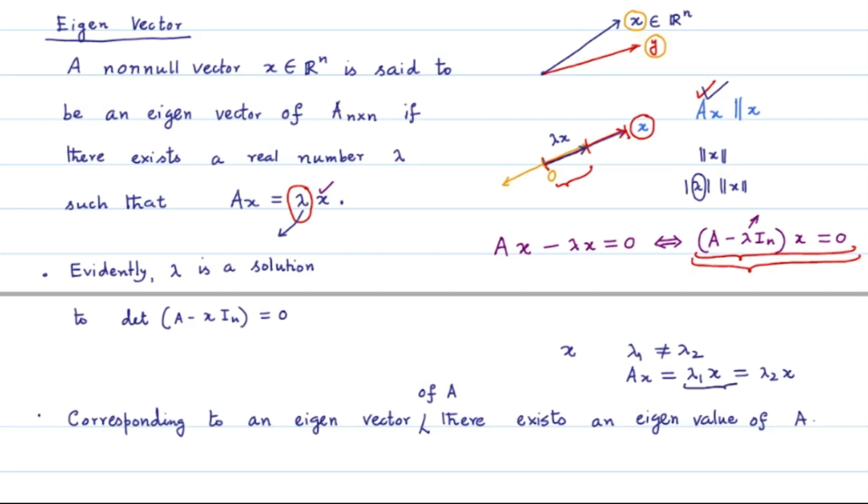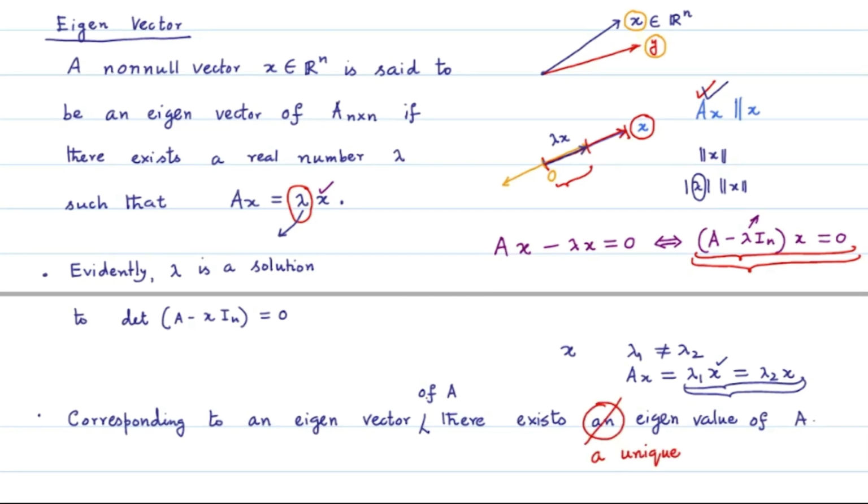As x is a non-null vector, we must have lambda 1 equal to lambda 2. Otherwise, lambda 1 x can never be identical with lambda 2 x, and therefore corresponding to a given eigenvector of a matrix capital A, there exists a unique eigenvalue of the matrix A.